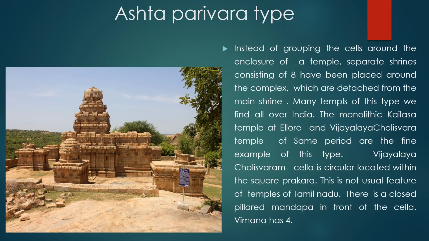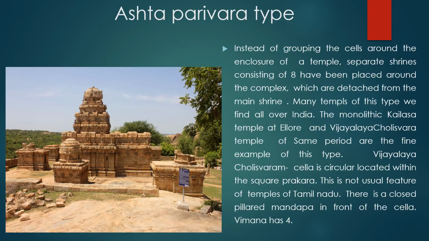That is not correct. It is the contribution of Muttarayar. They were the chieftains of the 8th century, the early Chola period. They were the contemporaries of early Cholas. But it is referred to as Vijayalaya Cholisvaram on the hill at Narthamalai. These are fine examples of Ashtaparivara type.